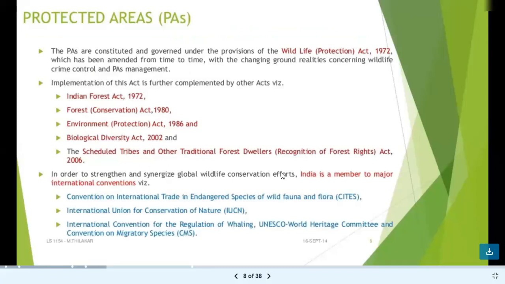Protective areas. The protective areas are constituted and governed under the provisions of the Wildlife Protection Act 1972, which can be amended from time to time as required with the changing ground realities concerning wildlife crime control and protective areas management.